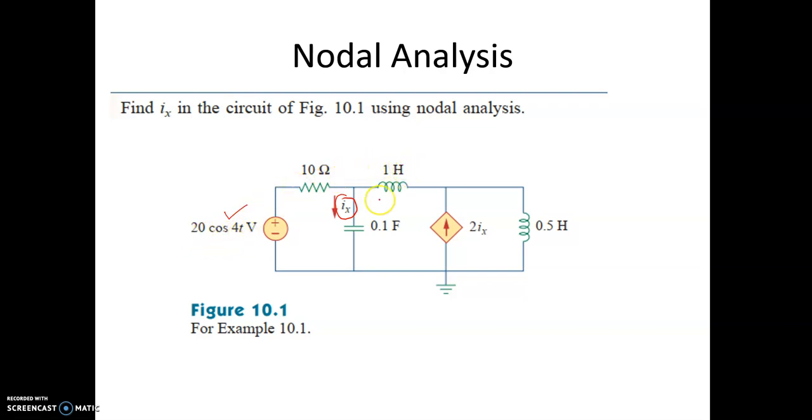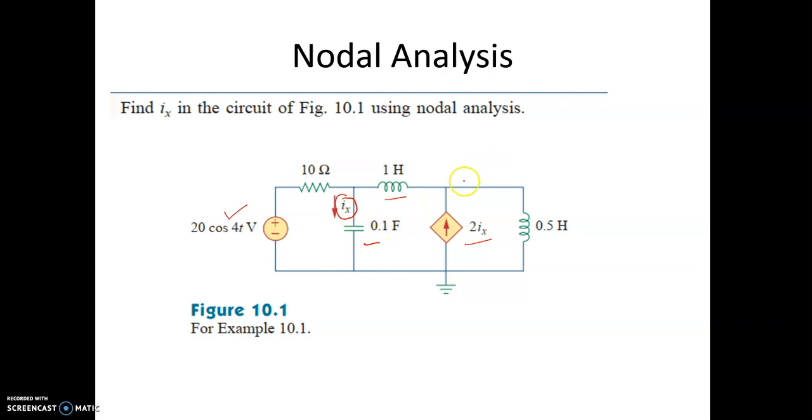Next we have capacitance as well as inductance in addition to resistance. These are the various parameters included. Also in this problem we have one dependent source, 2Ix, where Ix is the current through this capacitor.